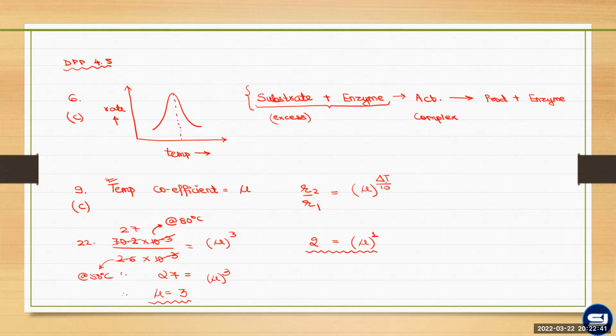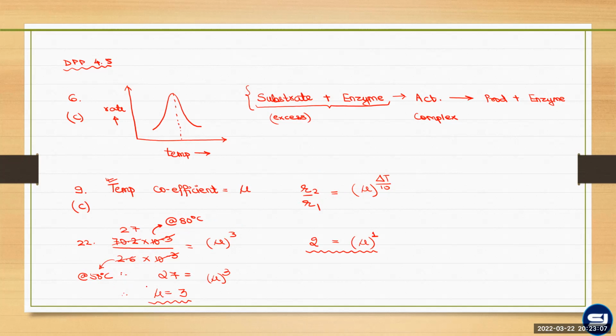That means whichever temperatures you take, 50 to 60, or 10 to 20, or 0 to 10, the difference will always be 10. But here they have not said for 10 degrees Celsius. They have asked for the difference from 50 to 80. That is why we took delta T as 30, so 30 by 10 gave 3.